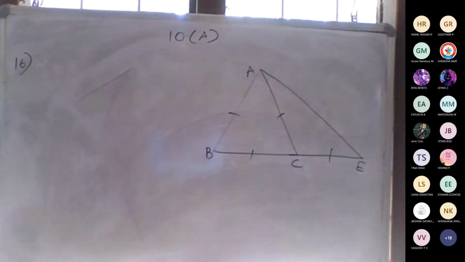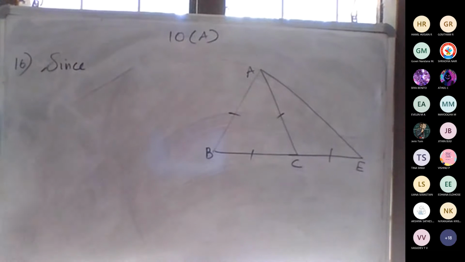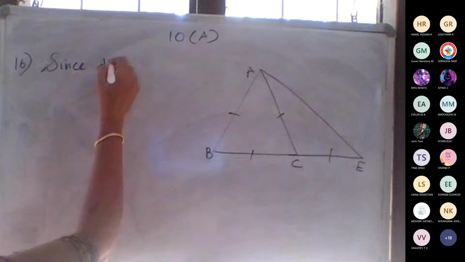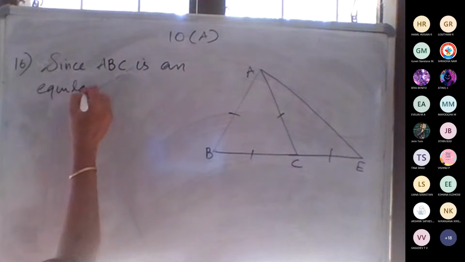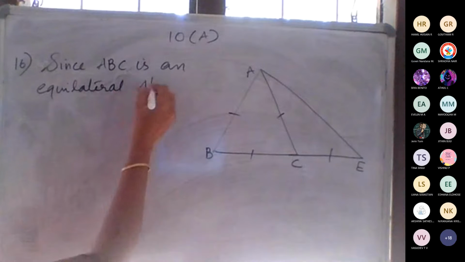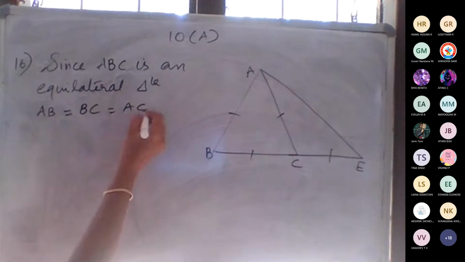How can we start? Since ABC is an equilateral triangle, write down. Those who are not writing, listen, others write down. ABC is an equilateral triangle, so AB equals BC equals CA.